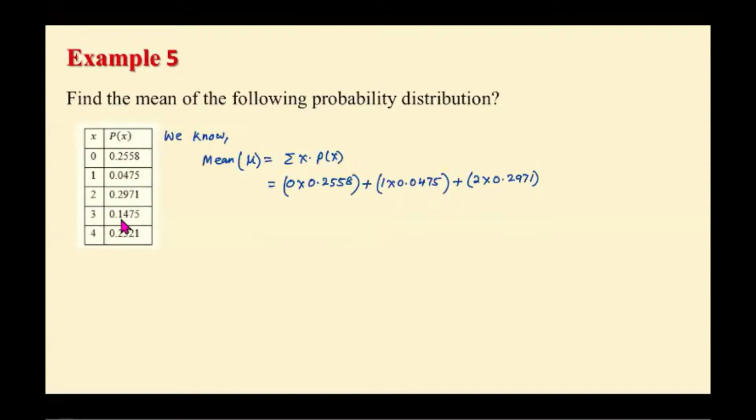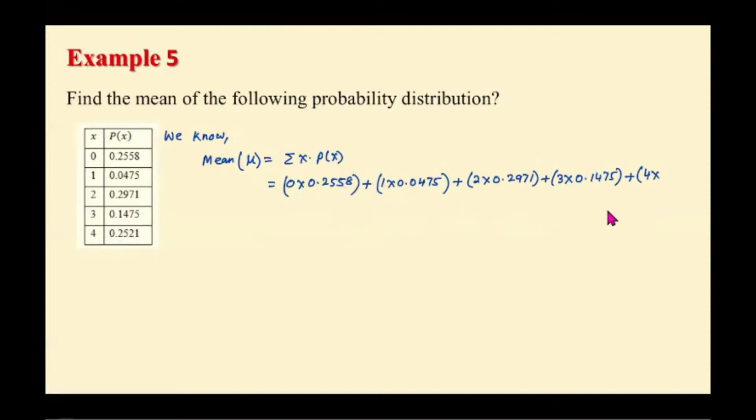The next one is 3 times 0.1475. And finally, the last one, which is 4 times 0.2521. Now we can simplify all this using a calculator.